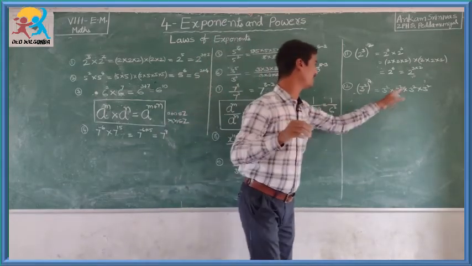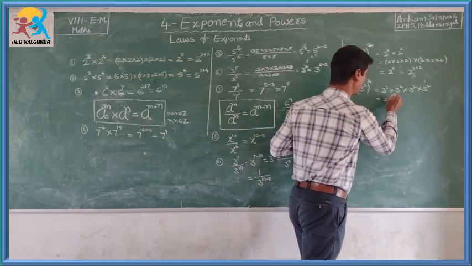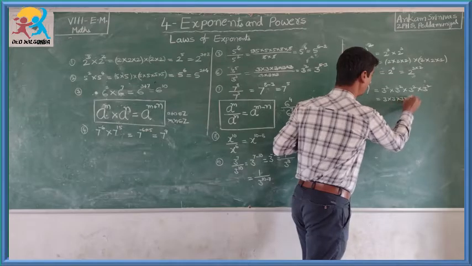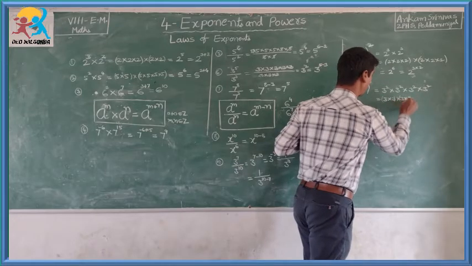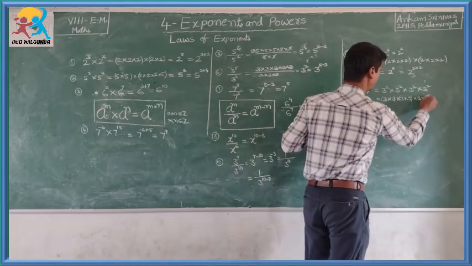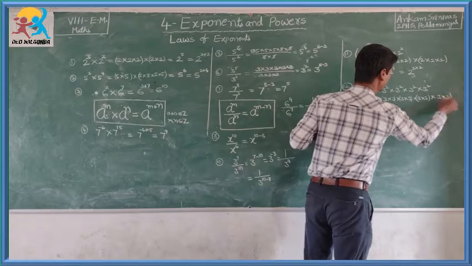Again in exponent form, 3 into 3, 3 into 3, keep brackets to identify them separately, 3 into 3 and 3 into 3.